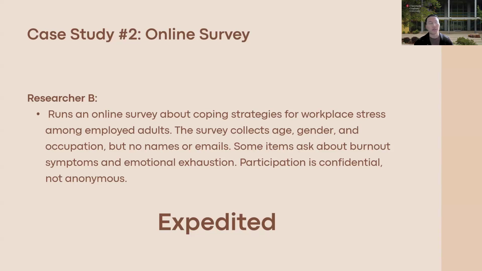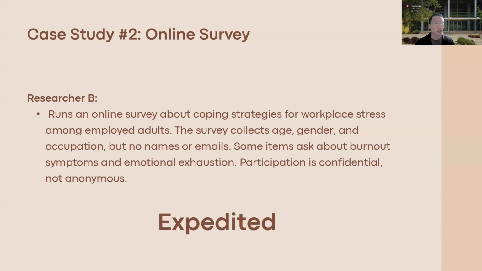So it's involving personally identifiable information, but also, like you said, it's asking about coping strategies for workplace stress, which may be considered sensitive information as well. So for those two reasons, I think you're right that this one belongs to the expedited review.